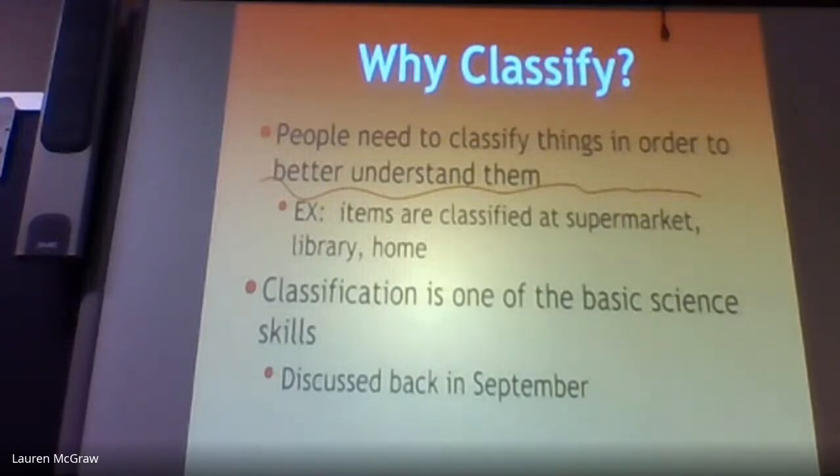Supermarket, I look at the grocery store as like 30, 40 minutes that I'm never going to get back in my life. I hate going to the grocery store, but it's a necessary evil. At any rate, as an adult, I want to get into that grocery store and get back out as quick as I can. If I don't know where stuff is, then I'm going to spend a lot more time moving around that grocery store.